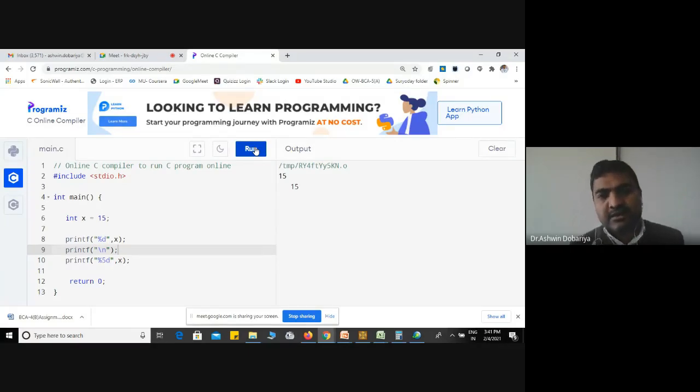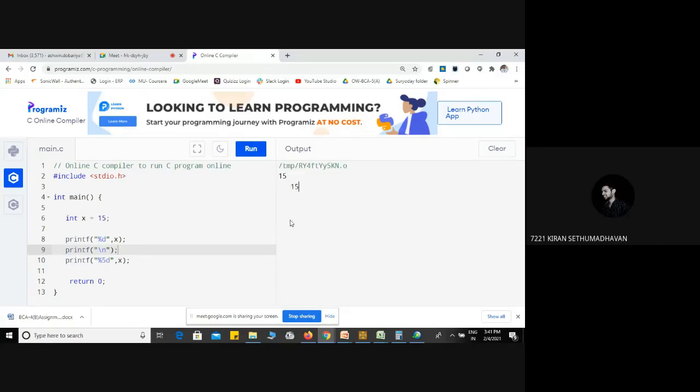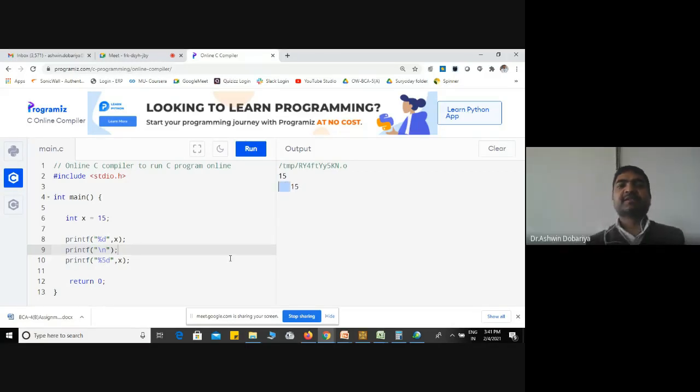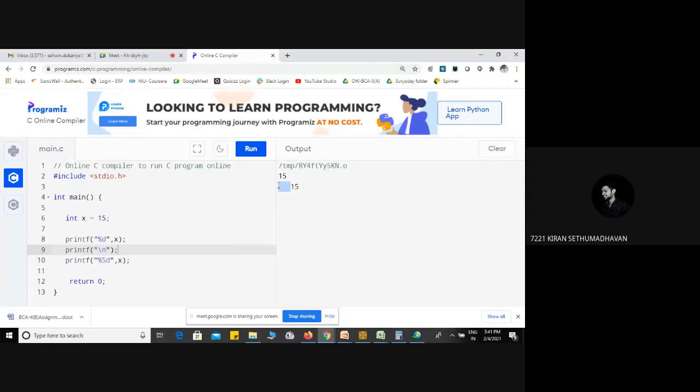Do you observe any change in the output? The spacing. Yes, sir, there is a space over here. Okay. Can anybody tell me how many spaces are there? 2, sir. 1, actually, 1.